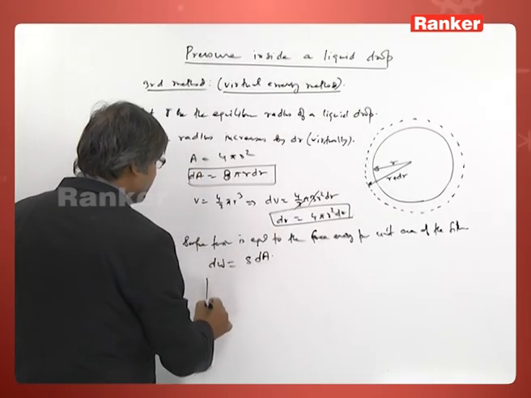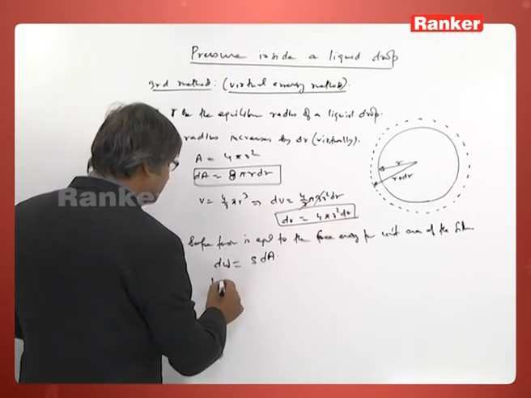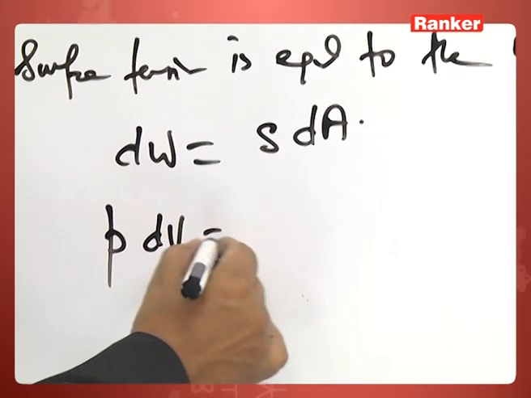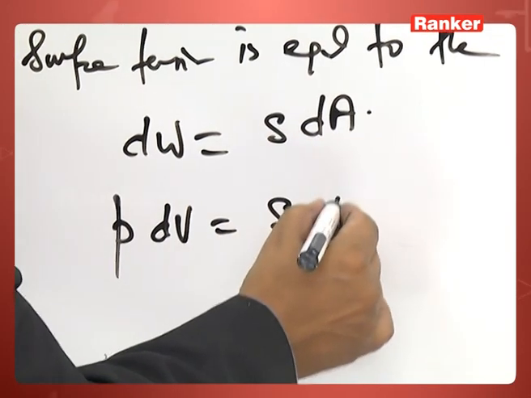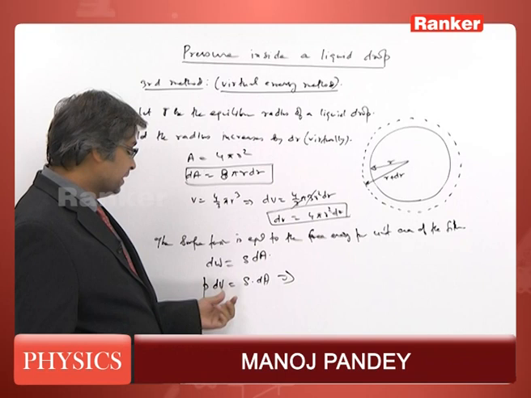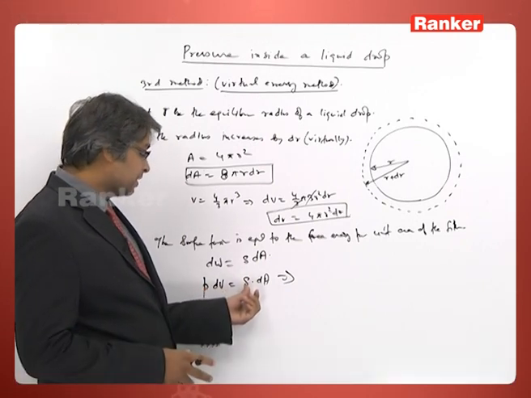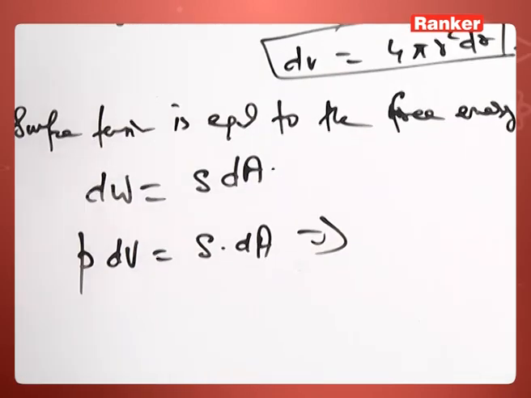The hydrostatic work done by the excess pressure, P into change in volume, is equal to S into change in area. This implies excess pressure into dV is equal to the surface tension S into area change.